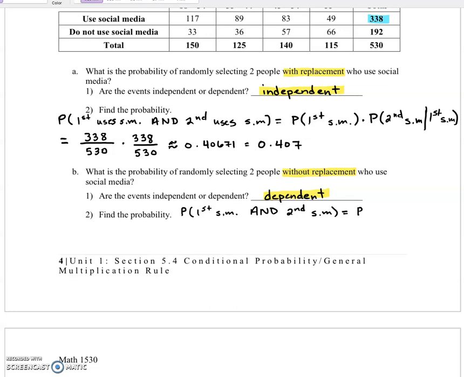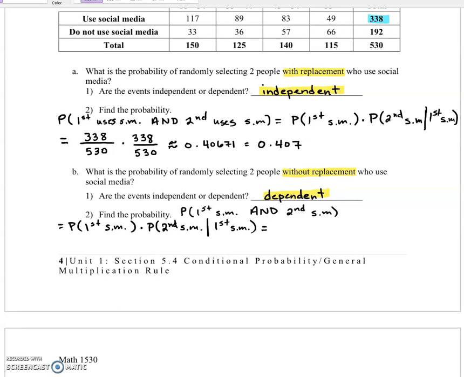And that equals the probability of the first using social media times the probability, well, that's not going to fit. All right, let's try this on a different line. Sorry, guys. It's the probability that the first uses social media times the probability that the second person uses social media given that the first person did also use social media.